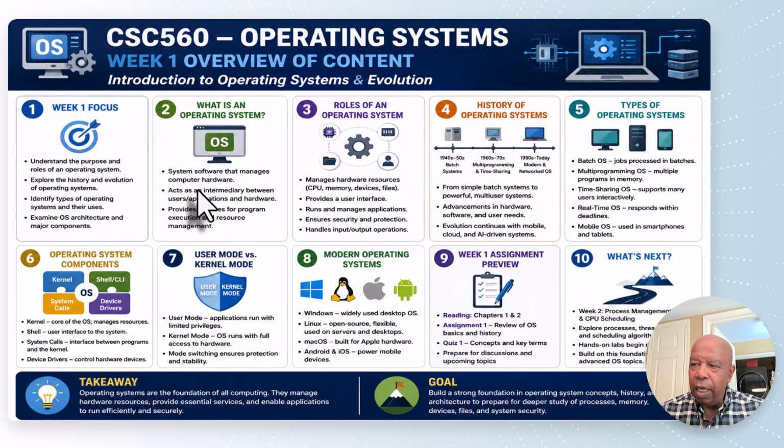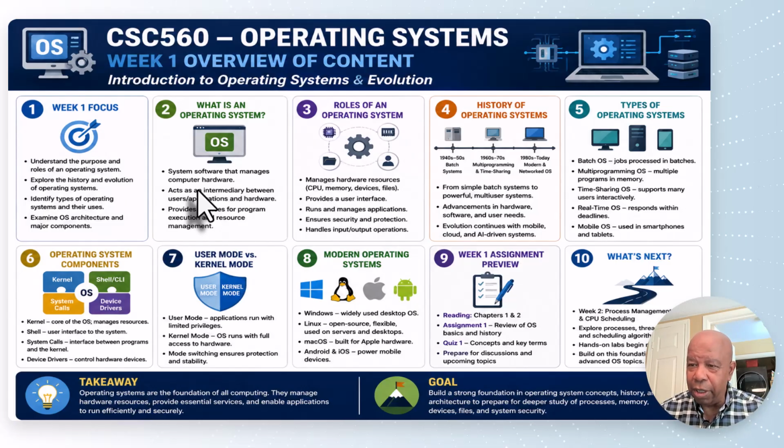To break it down further, we're going to be looking at what is an operating system, roles of an operating system, and history at a high level. We're not going to be deep diving into the history, just a recollection of where we came from. Then types of operating systems, which should be something you already know.